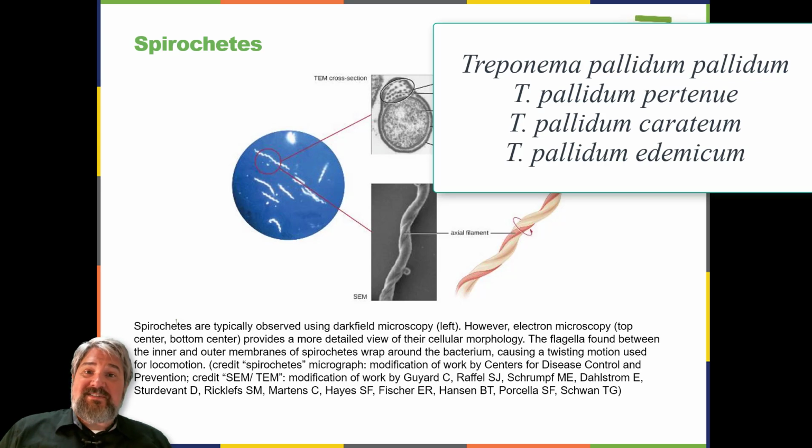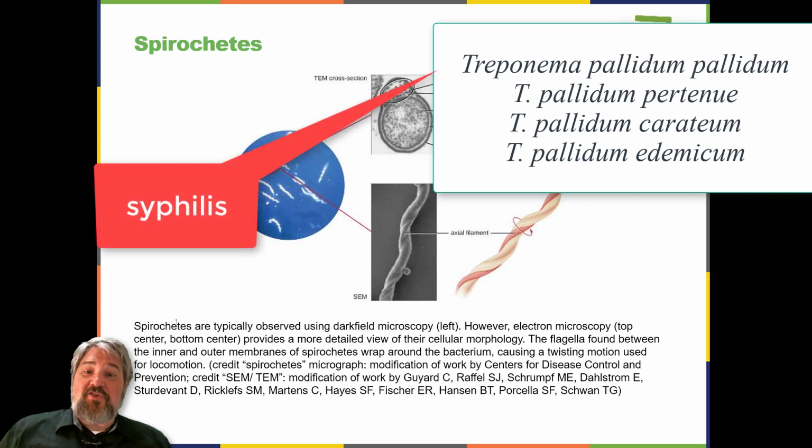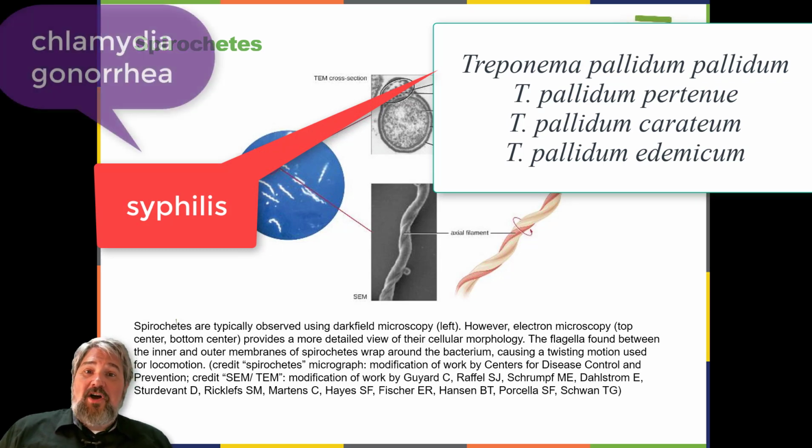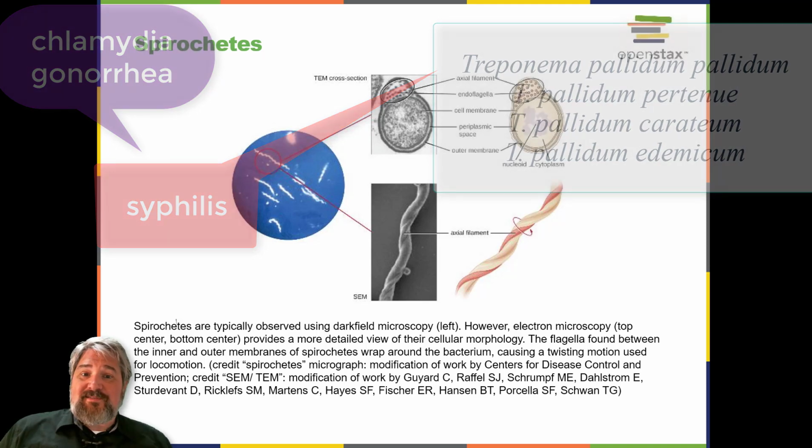The subspecies T. pallidum pallidum causes the sexually transmitted infection known as syphilis, the third most prevalent sexually transmitted bacterial infection in the United States, after chlamydia and gonorrhea. The other subspecies of T. pallidum cause tropical infectious diseases of the skin, bones, and joints.